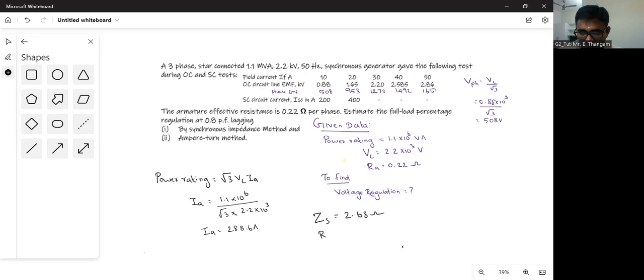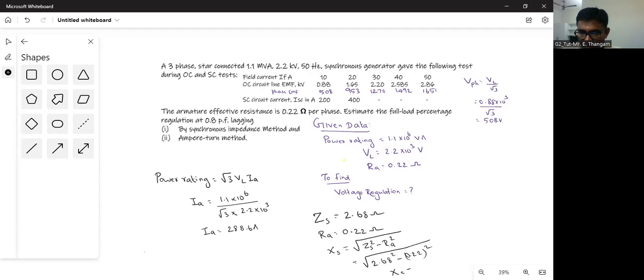The RA value is already given in the problem, it is 0.22 ohm. From this, XS value can be calculated. We know that XS is the root of ZS square minus RA square. So we will get 2.68 square minus 0.22 the whole square.